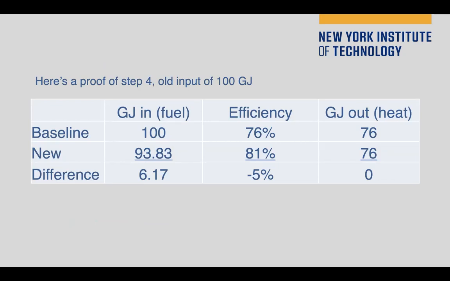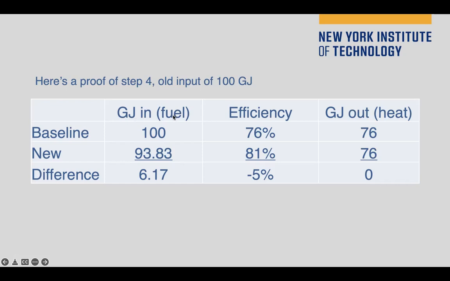If we input more than the baseline, that means we don't have any saving. With the same concept, we use the efficiency concept, output over input. So the input is the denominator and the output is the numerator. 76 over 100 is 76%. That is very easy because we just use 100 as the baseline input.